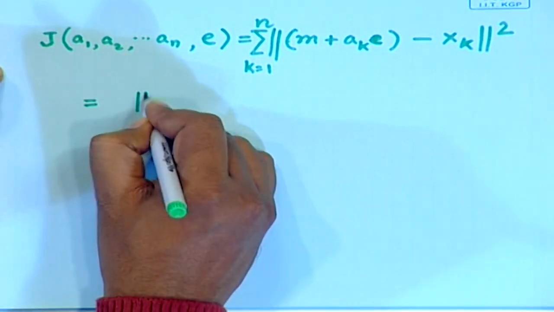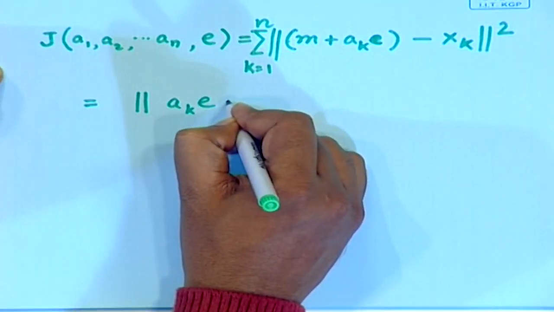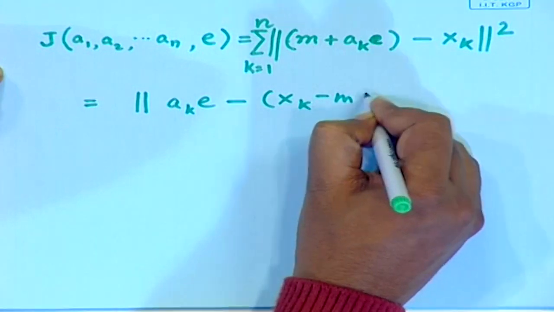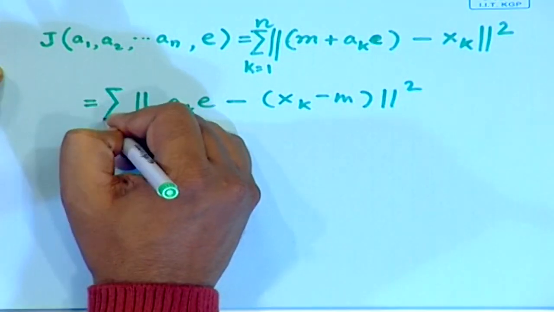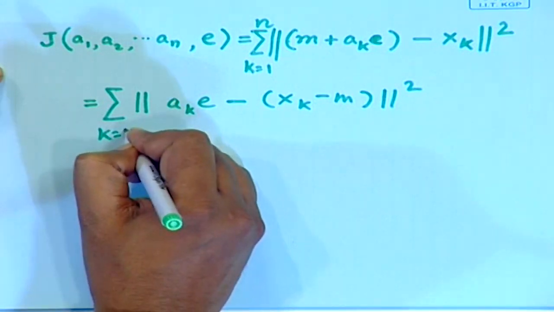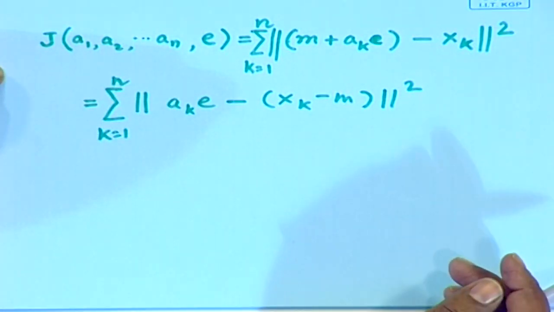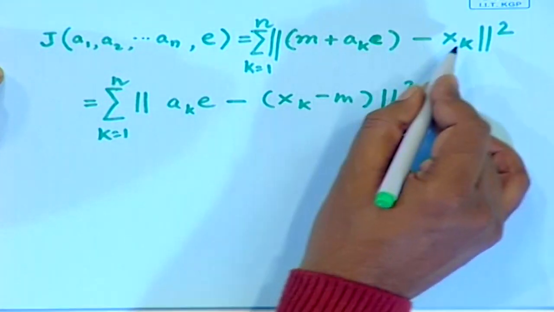This expression I can write with a slight reorientation. It can be written as the square of ak e minus (xk minus m), summed over k varying from 1 to n. This xk is the same as the previous one, I have simply rewritten this.